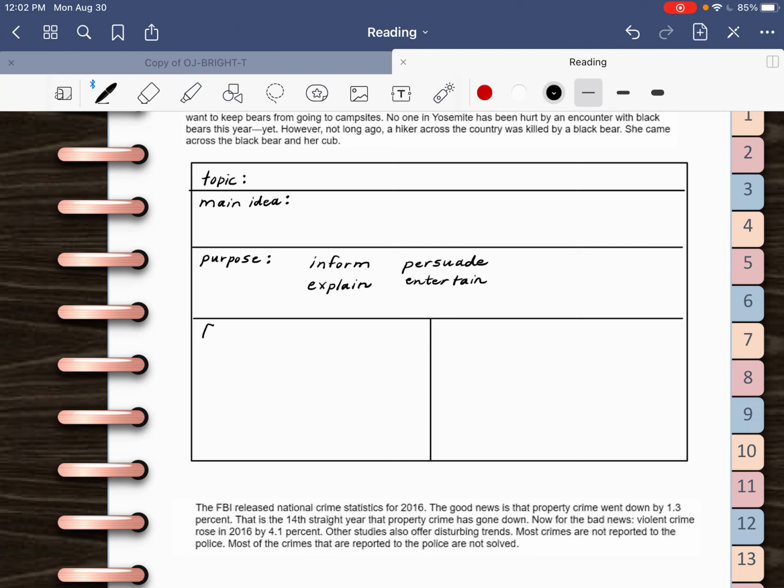So we're going to take facts from the story. And then we will come up with a statement of purpose.